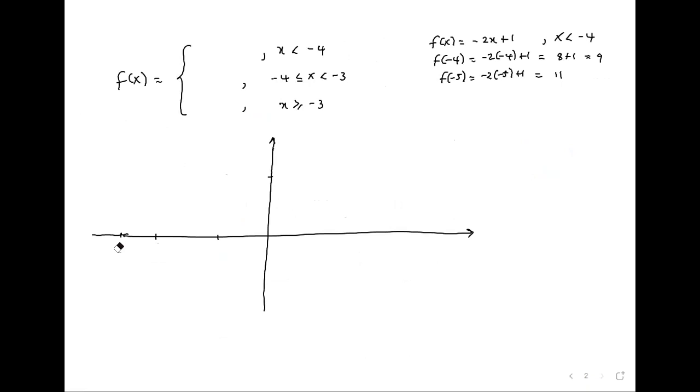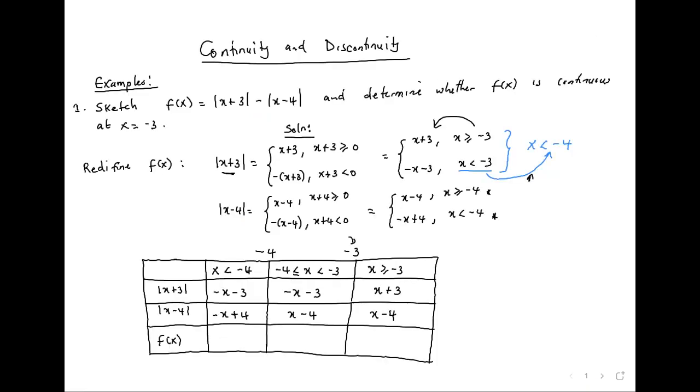Okay. So we get back. So in the first column, it will be -x minus 3 minus (-x plus 4), which is -x minus 3 plus x minus 4, which is -7.